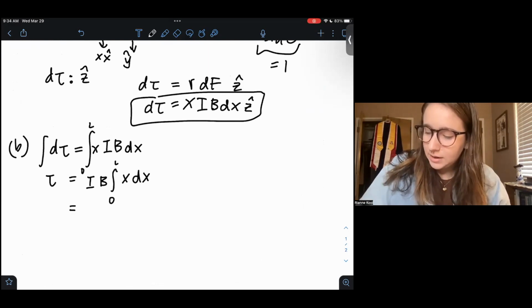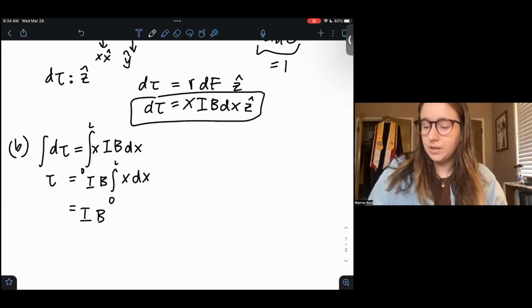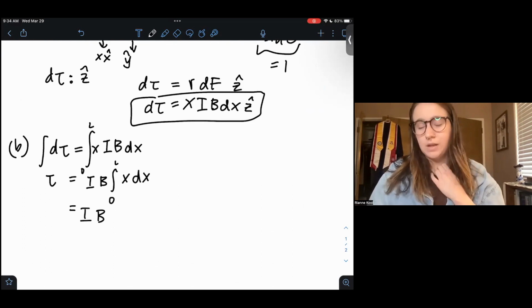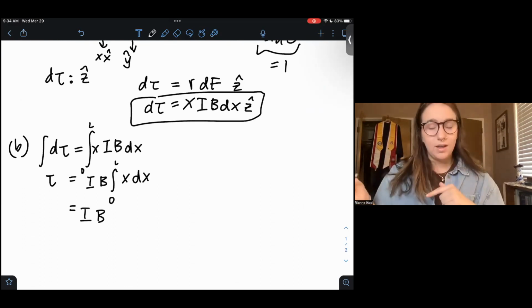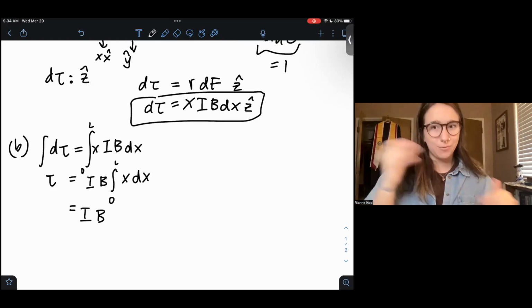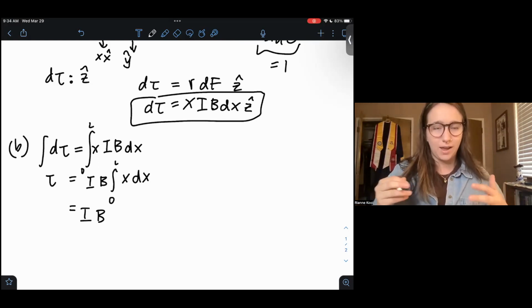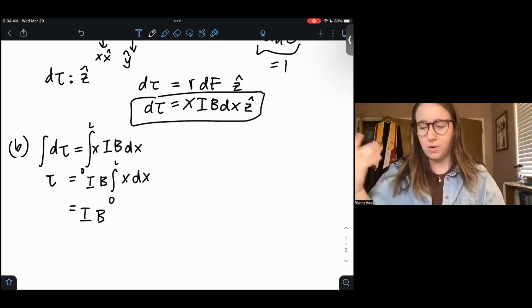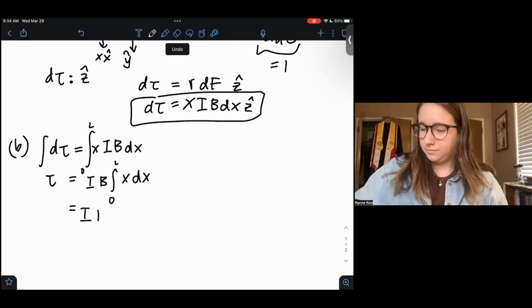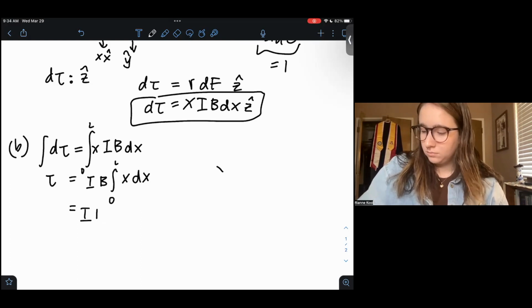So I'm going to say that it's IB, and then we want to add one to the exponent and bring the new exponent down into the denominator as 1/2. If you're confused, right now we have x to the 1.